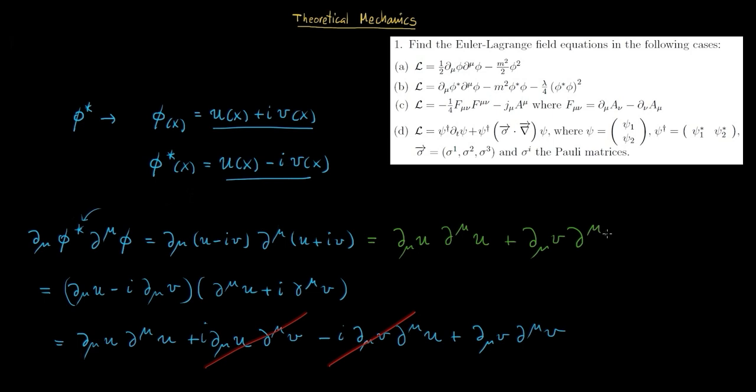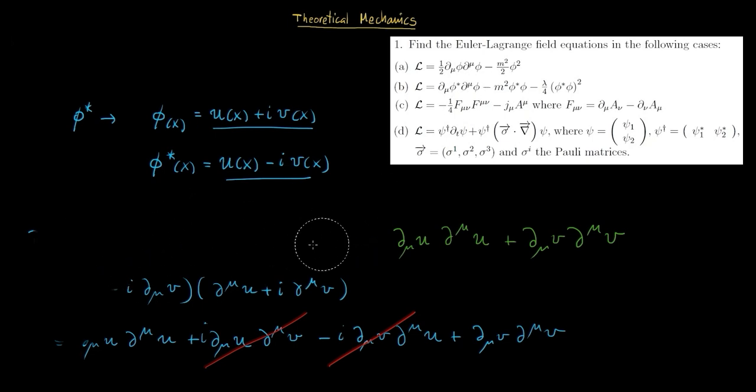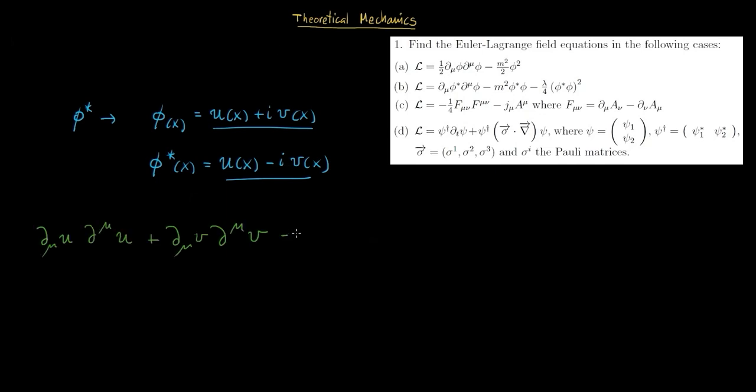And if you do the same thing, but not only in the kinetic term, then you will have minus m squared u squared plus v squared. This thing stands for this phi star times phi, minus lambda over 4 u squared plus v squared squared.